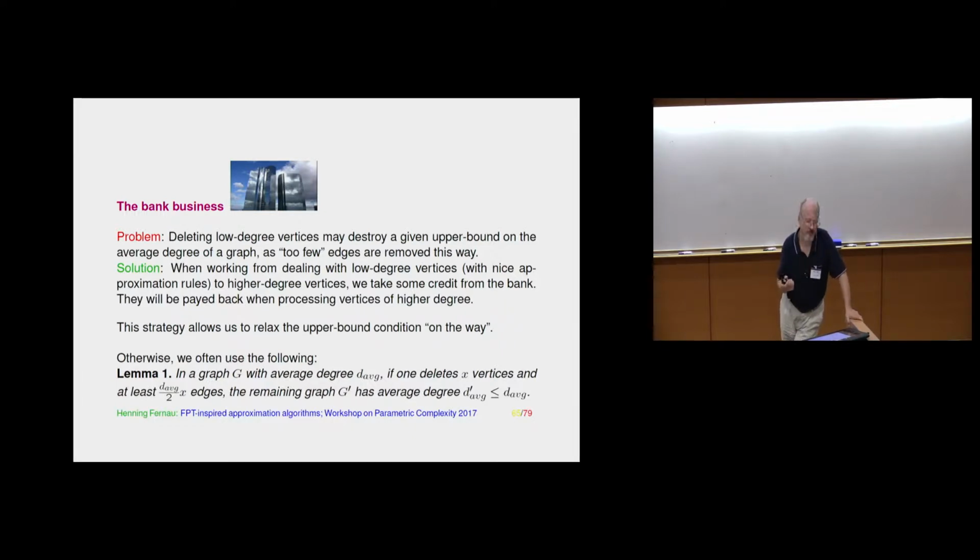Why? Well, because I'm deleting too few edges, right? If I want to maintain a certain average degree upper bound, I have to maintain a certain ratio between edges and vertices.